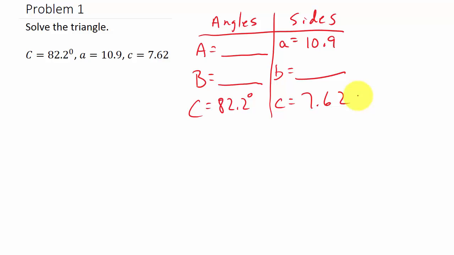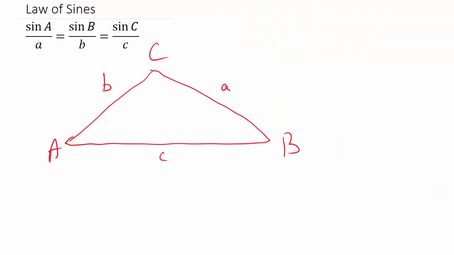Alright, so we'll use the law of sines. We know angle C, side C, and we know side A. So if we plug those values in, we're only left with angle A, and we can solve for it.